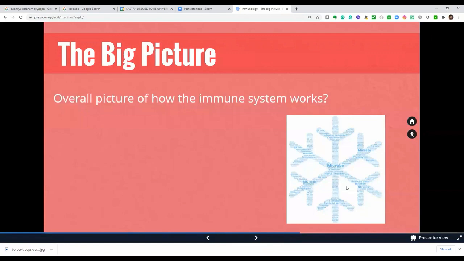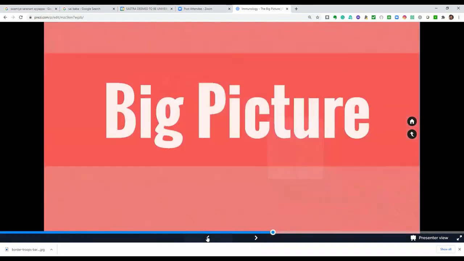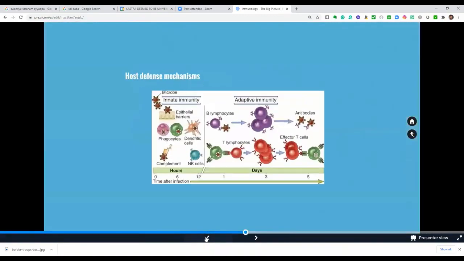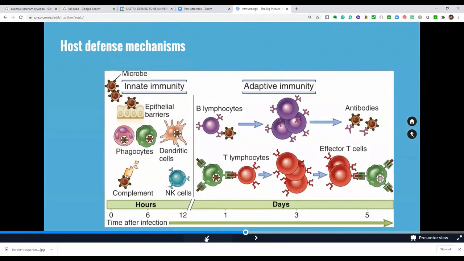Before knowing about each and everything, for example what is meant by epithelial barrier, the specific characteristics of dendritic cells, or more details about B lymphocytes, T lymphocytes, antibodies or effectors, it is always better to know the big picture.